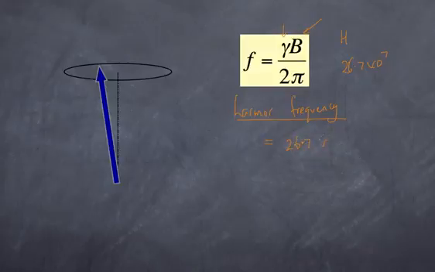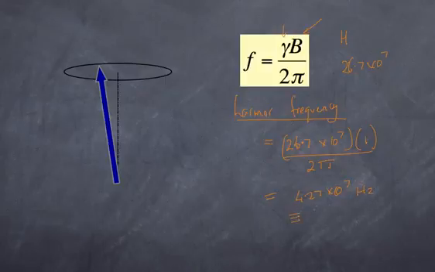26.7 by 10 to the power of 7. You multiply it by the magnetic field strength, which in our case is going to be 1. We can have it, of course, a little bit higher, and we divide that by 2 pi. And that gives us a total of 4.27 by 10 to the power of 7 hertz.